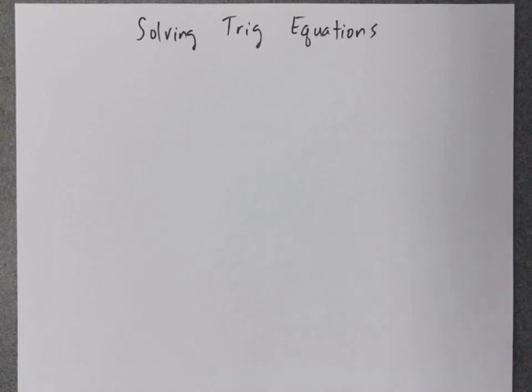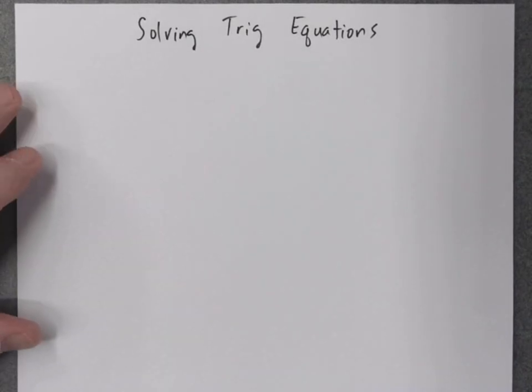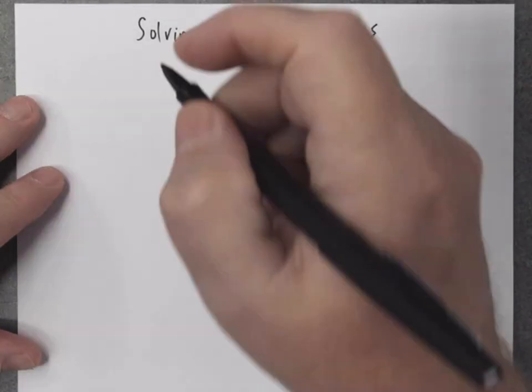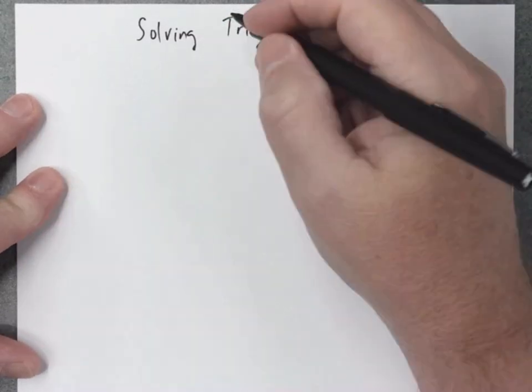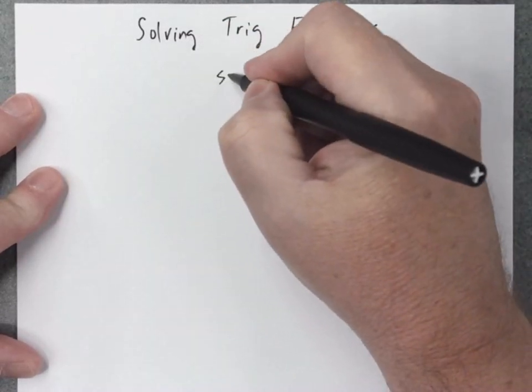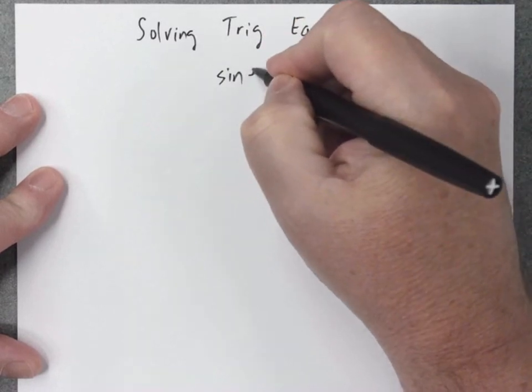We are now going to look at solving trig equations. Let me say a few quick things before we actually look at some examples. Here's the first problem I'm going to do in a minute, the most basic kind of trig equation to solve.